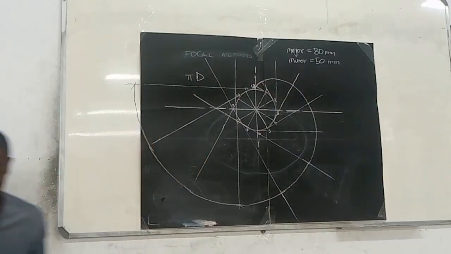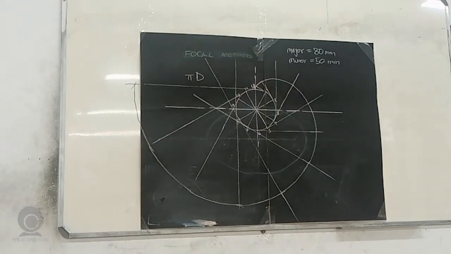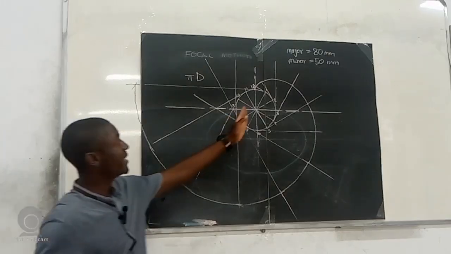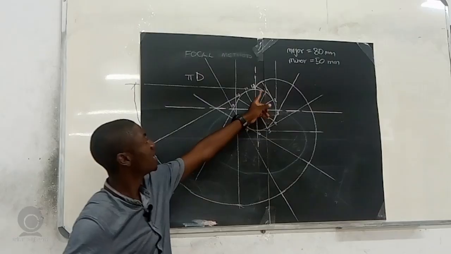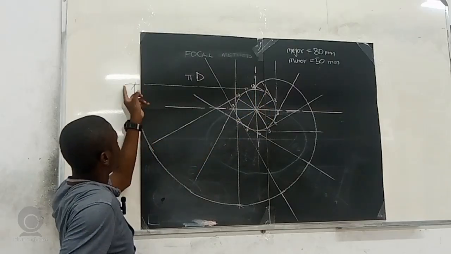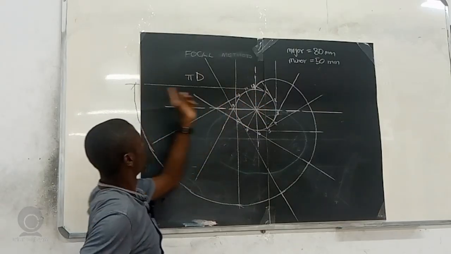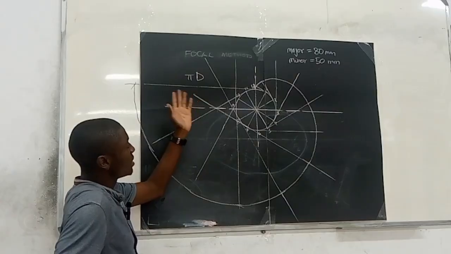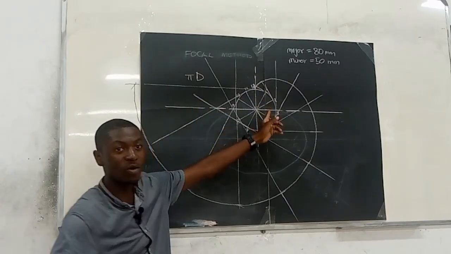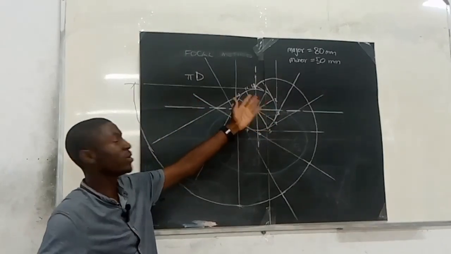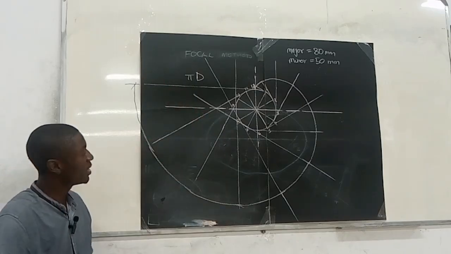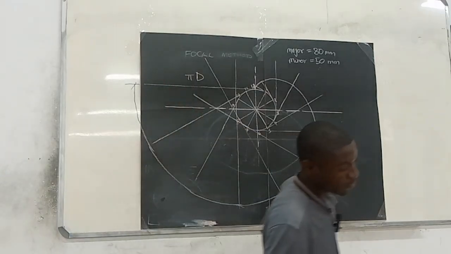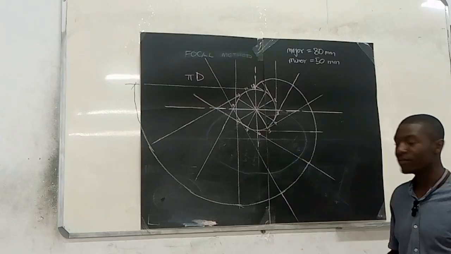But it won't be pi d because of approximation. There's one approximation that we've made. We have not used an infinite number of divisions. If we used a lot of divisions, we would have had pi d when we reach here. But because we didn't do that, we assumed 12 equal parts. Right? That's just a polygon. So we'll have slightly error. But as long as you do this, you get the marks for making your involute. That's how we make an involute.